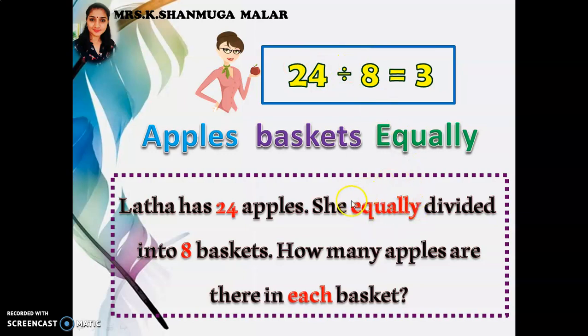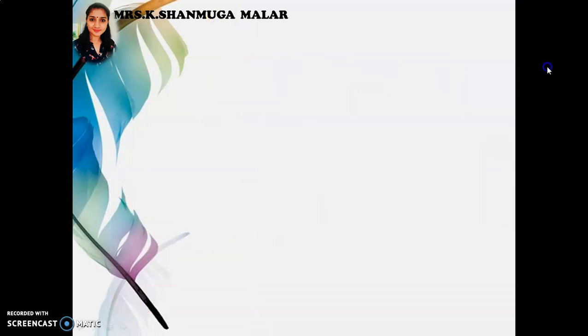So equally is for the division, and they divided into 8 baskets. So the question will be, how many apples are there in each basket? Do you understand, students? Let's go and see the next example.